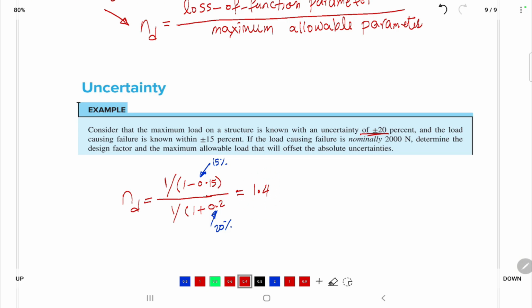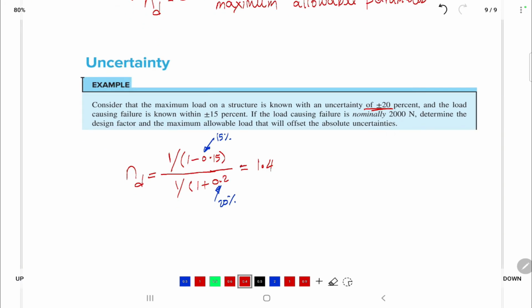Now, the load causing failure is nominally 2000 Newton. So the maximum allowable load I will allow here will be equal to 2000 over 1.4. So I must give a factor of safety.